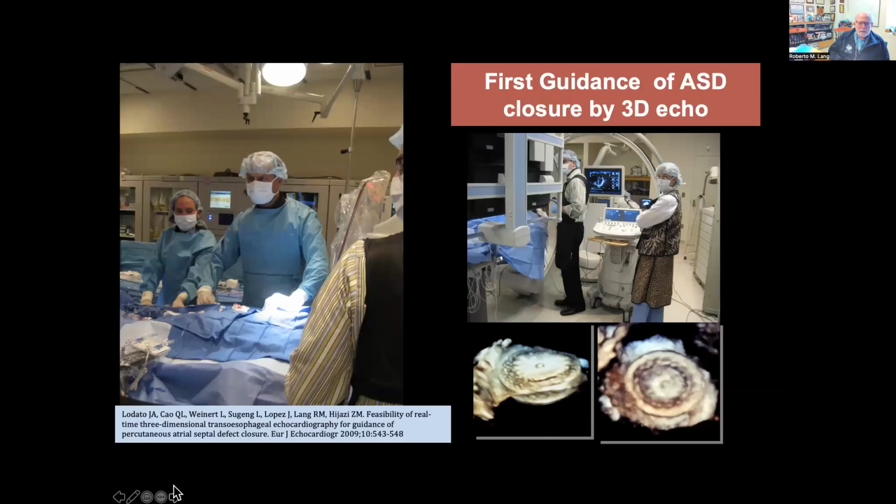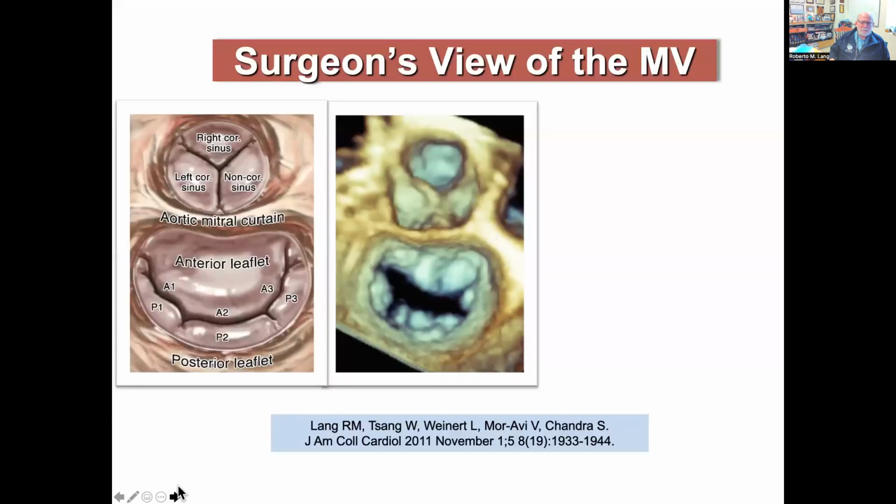And this is an example from the year 2008, in which we were taking, for the first time, I think, a 3D echo machine in order to do guidance of ASD closures. And this, of course, is Dr. Hijazi.